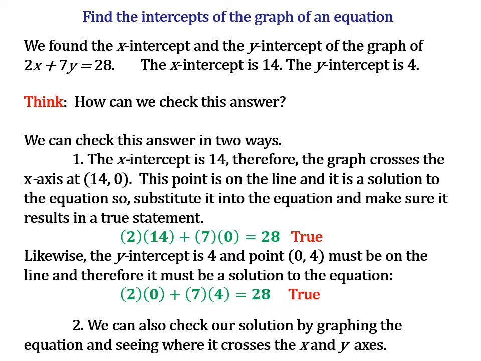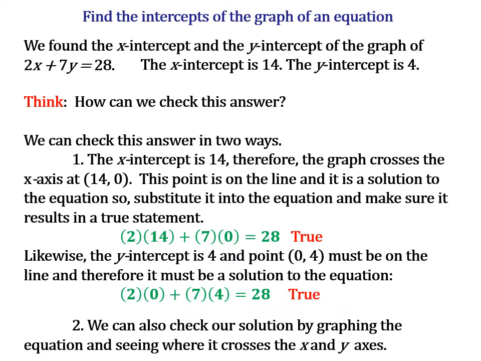In the previous slide, we found the x-intercept and the y-intercept of the graph 2x + 7y = 28. The x-intercept was 14 and the y-intercept was 4. I want you to think about how we could check that answer to see if it is correct.